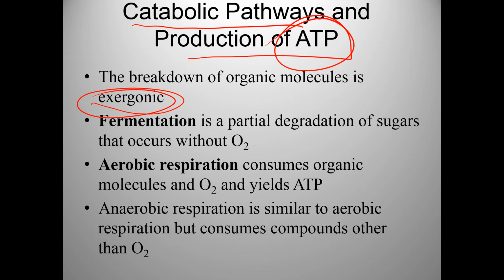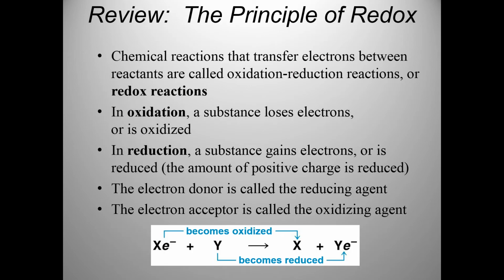One of the other important things you're going to have to recall is oxidation and reduction, or redox reactions. I've already talked about this previously, but to reiterate the point, a redox reaction involves one molecule being oxidized and another molecule being reduced.